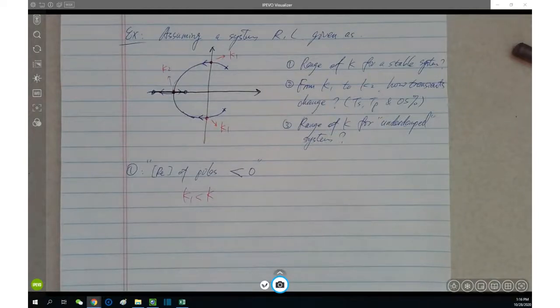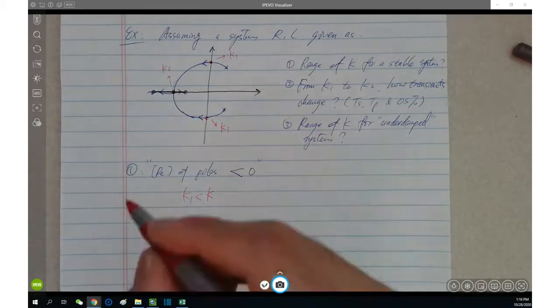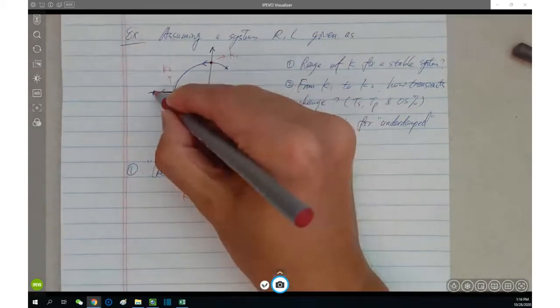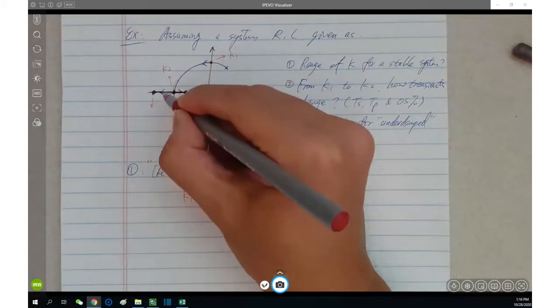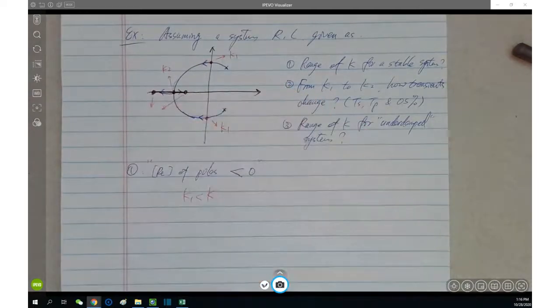So we don't have an upper limit for K to become a stable system, right? Because what's the K value here and here? Anyone knows?